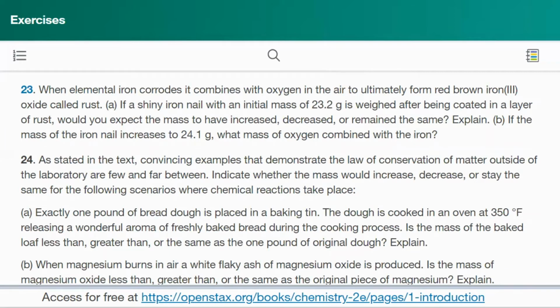So let's look at the answer key. A, increased as it would have combined with oxygen in the air, thus increasing the amount of matter, therefore the mass. So the answer to B is 0.9 grams. And it's 0.9.